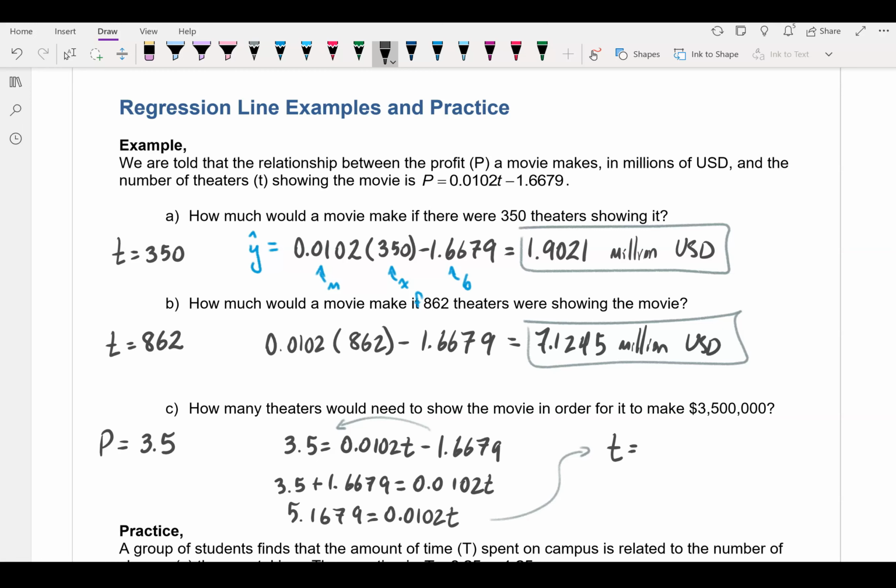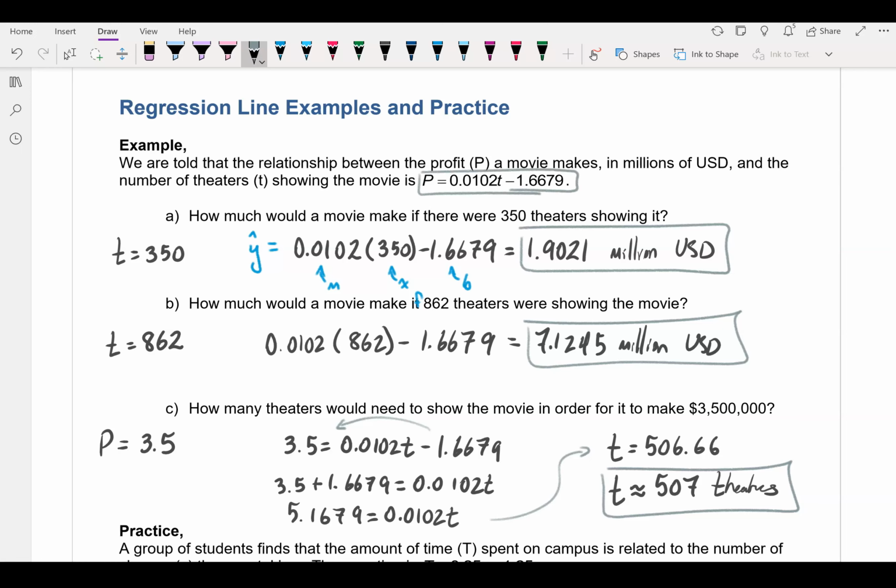Which, if I haven't made any silly mistakes, is 506.66 theaters. Or, you can only have a theater or not, so I'm going to round to the nearest whole. So there we go. 507 theaters.